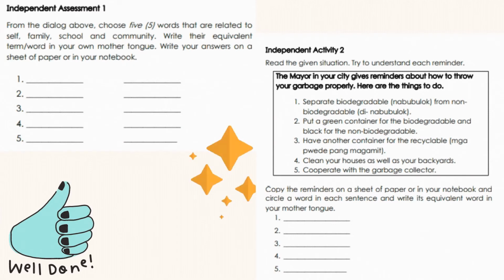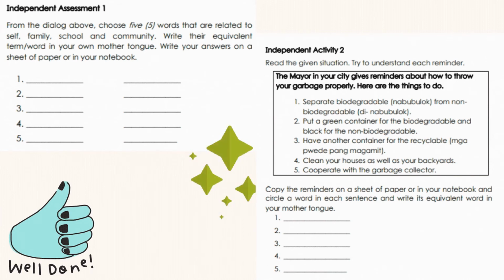For independent assessment 1, from the dialogue above, choose 5 words that are related to self, family, school, and community. Write their equivalent term or word in your own mother tongue. Write your answers on a sheet of paper or in your notebook.